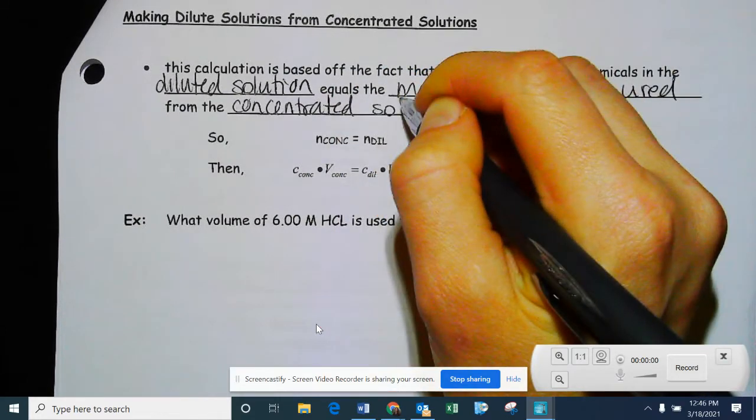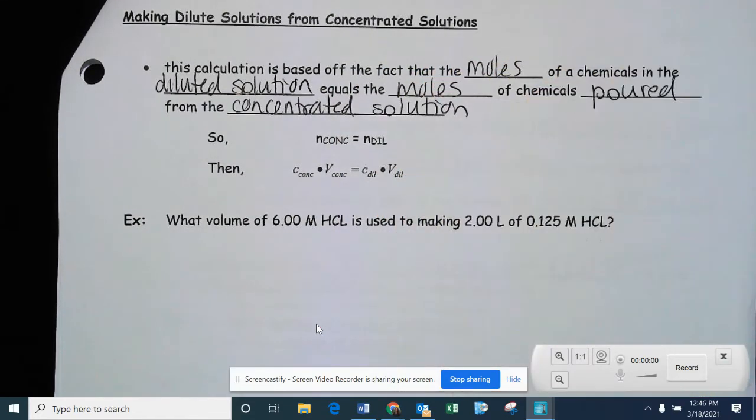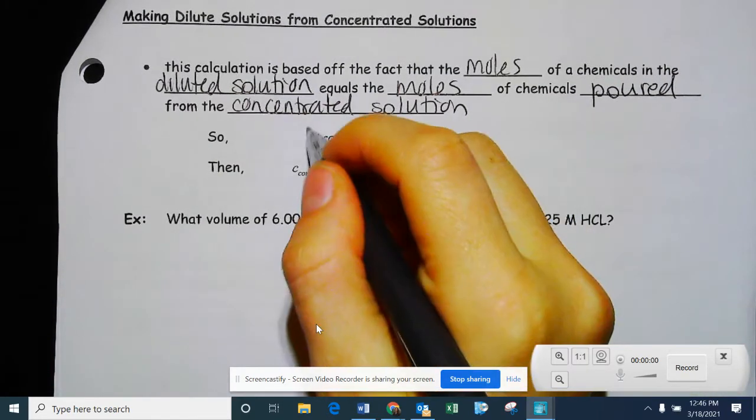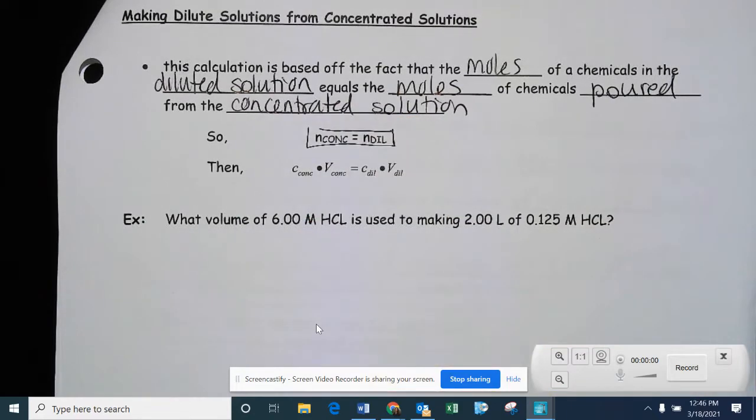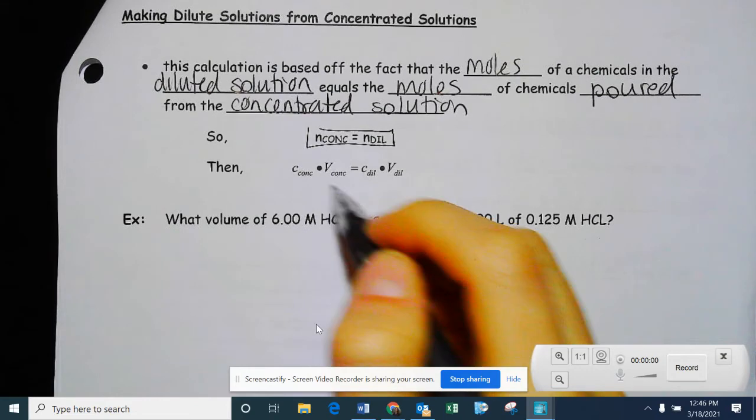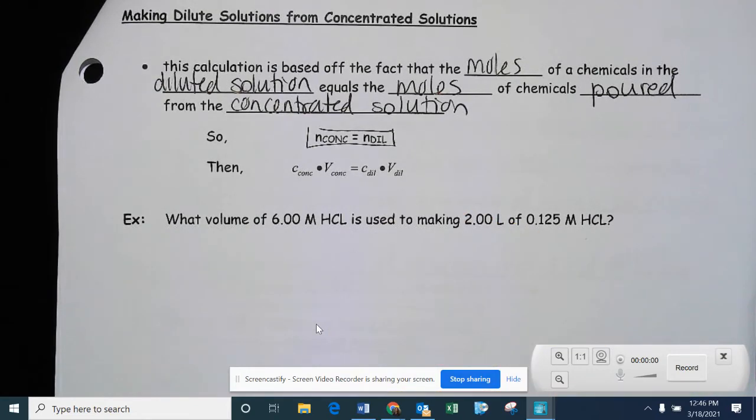So this is all based off of having the same number of moles in the diluted and the concentrated, but just different volumes. The n value is the same. It's just the volume that's varying and the concentration.